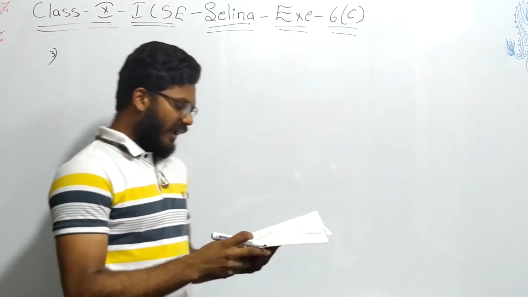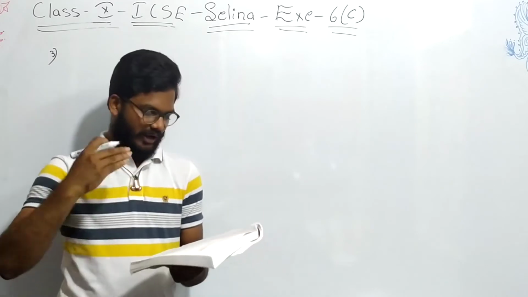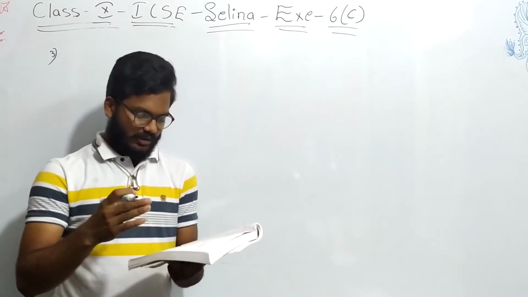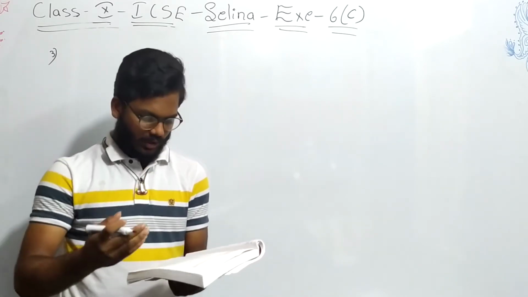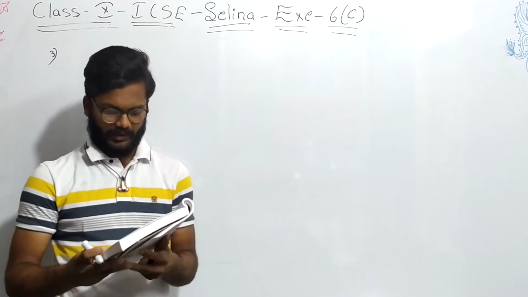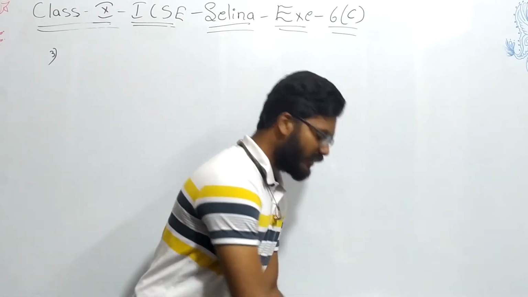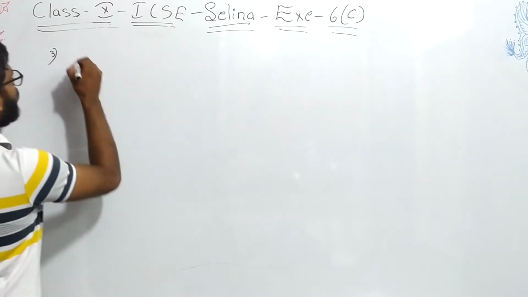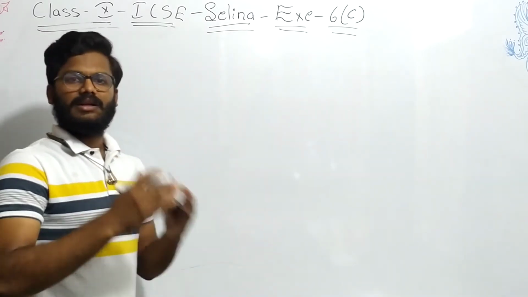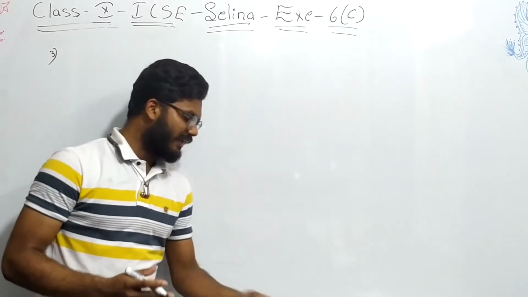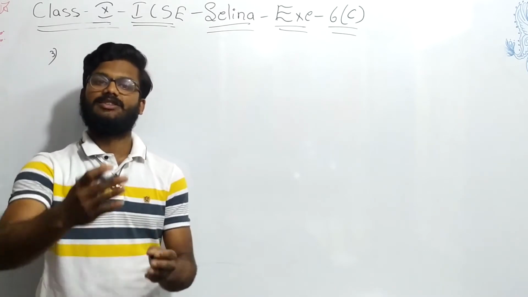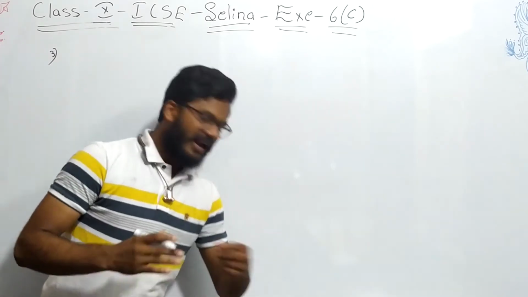Next question, third one. If the speed of an aeroplane is reduced by 40 km per hour, it takes 20 minutes more to cover 1200 kilometers. Find the speed of the aeroplane. See here what they are talking. If the speed of an aeroplane is reduced by 40 kilometer per hour.